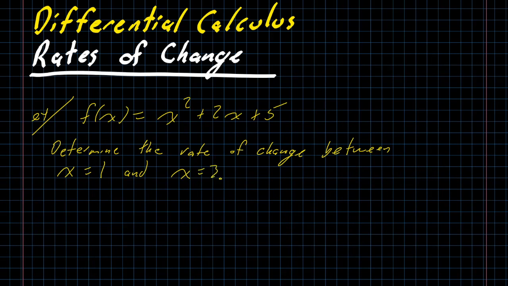And I might want to determine the rate of change between when x is equal to 1 and when x is equal to 3. This is a fairly straightforward function.